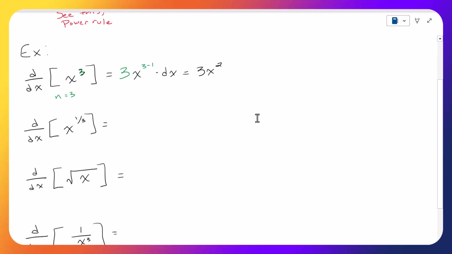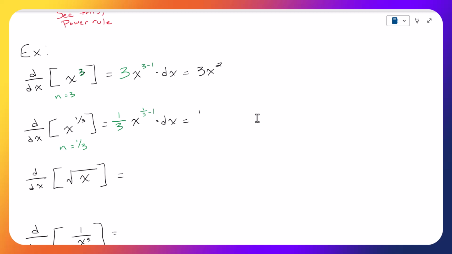Second example, we have x to the 1/3. Again, this looks very classic power rule. We have n equals 1/3. So that just means we're going to have a coefficient of 1/3, x to the 1/3 minus 1, times dx. And then we'll just simplify this out.